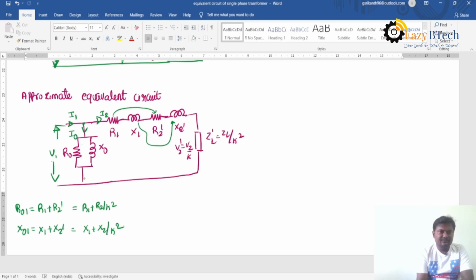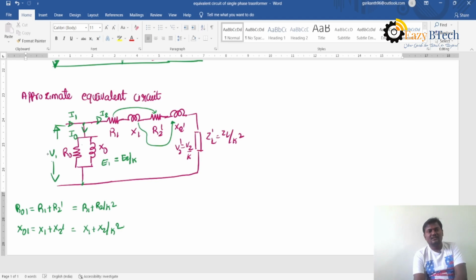And here, across this no load branch is now E1 is equal to E2 by K. If we are shifting the no load branch across the supply, the I0 value increases.